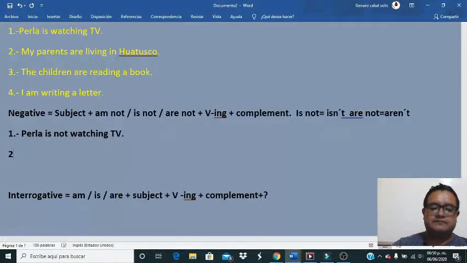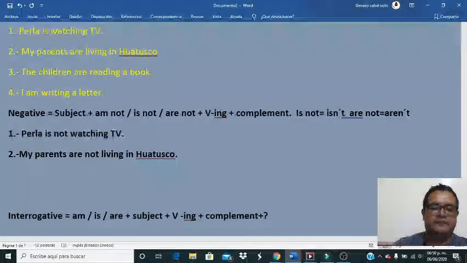Number two. Well, according to the affirmative, my parents are living in Huatusco, so I will write my parents. My parents what? My parents are not, is not, or are not. In this case, my parents are not. The verb living in Huatusco. Okay, like this.